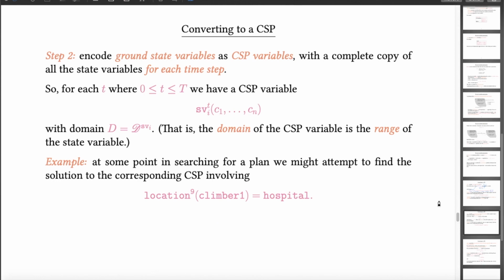So for example, at some point in searching the plan, we might try to find a solution that has location 9 of climber 1 equals hospital. We will originally have defined location as a state variable, and one of its arguments could be climber 1, and one of its values can be hospital.